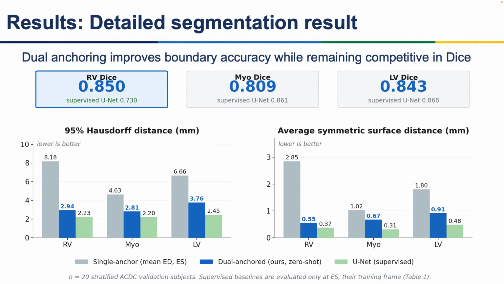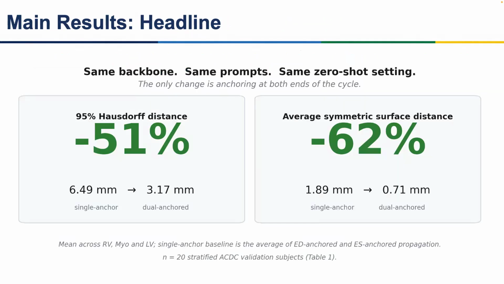Our claim is therefore not that zero-shot propagation universally replaced supervised segmentation, but that dual-anchoring potentially strengthens a foundation model approach without cardiac-specific training. The overall magnitude of that boundary improvement is summarized in the next slides.